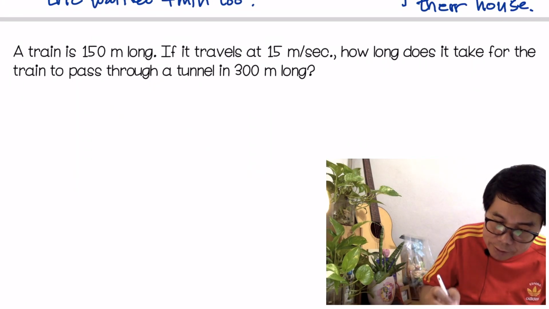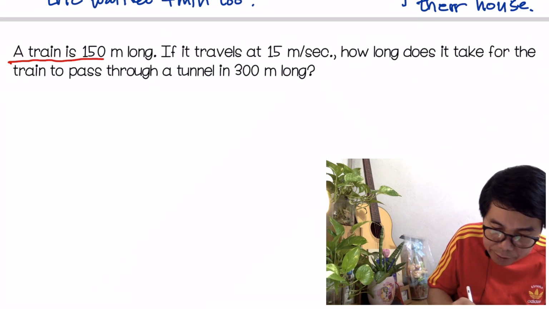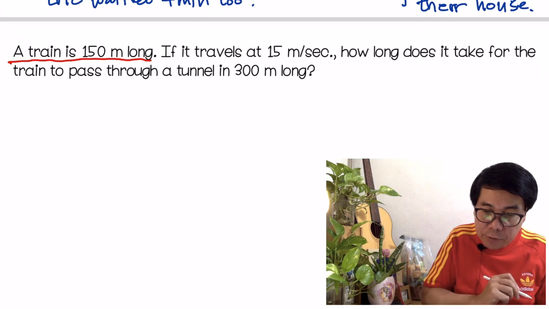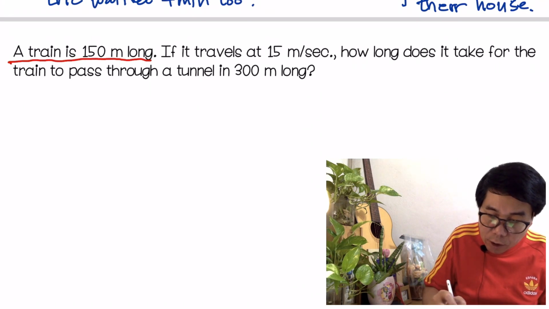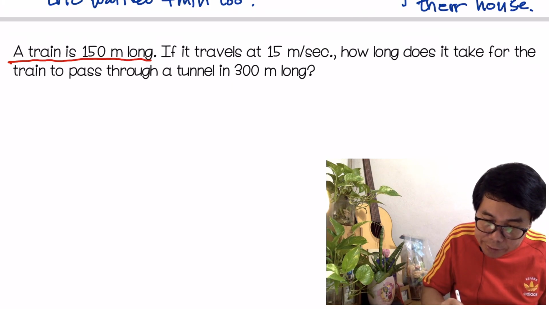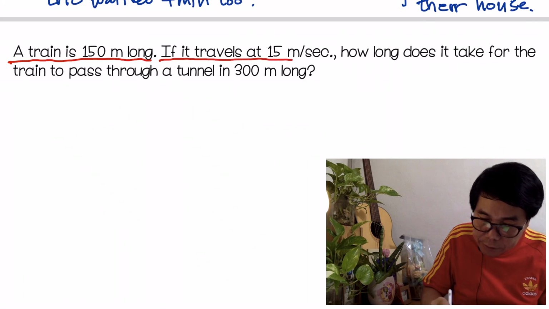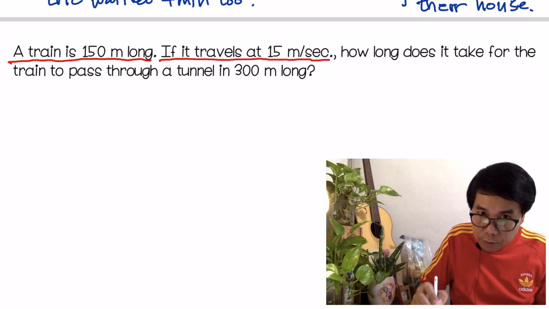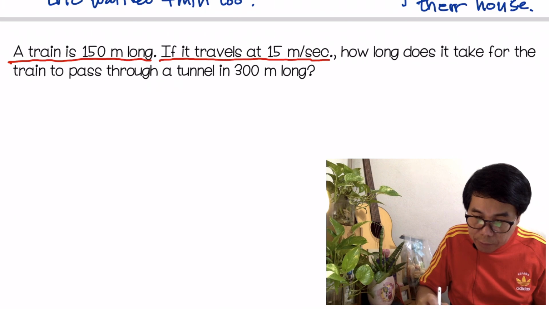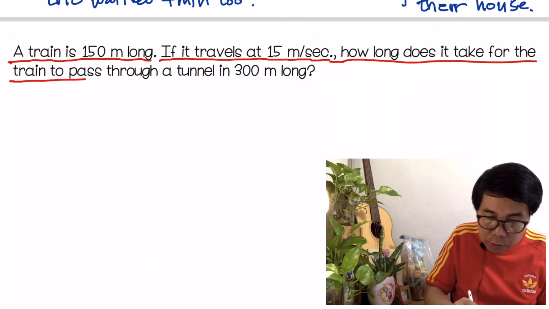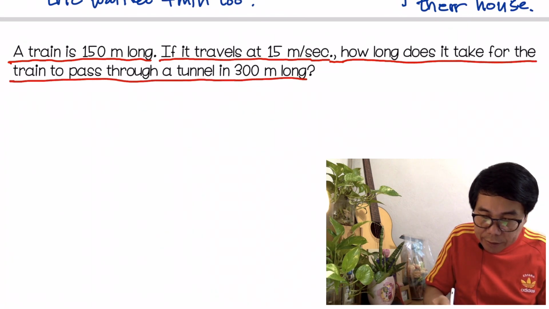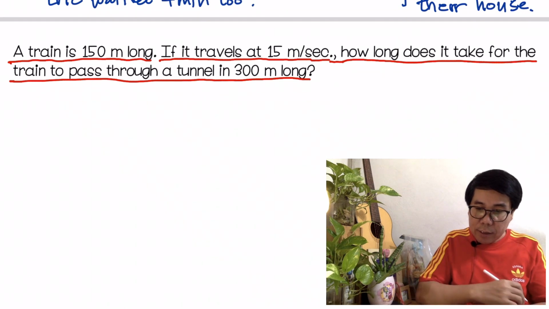Let us analyze the problem. A train is 150 meters long. If it travels 15 meters per second, how long does it take for the train to pass through the tunnel 300 meters long?